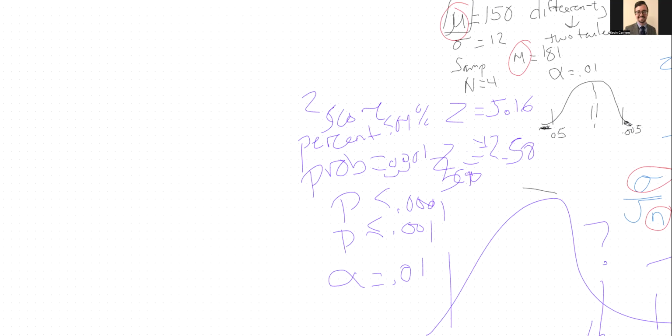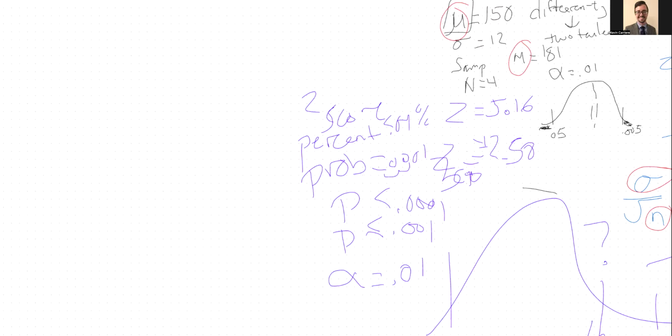We assume that the null is true. And our p-value tells us the probability, the likelihood, that you would observe at least this value, if not a more extreme value, if we assume that there is no true difference.